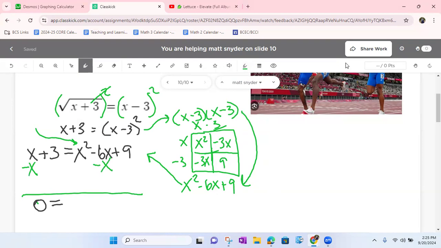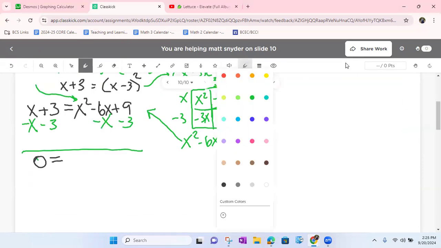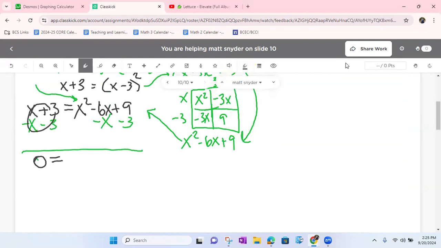I'm going to get rid of that positive 3 with a minus 3, and put it under that constant over there. And from there, we can just collect our terms. So over here, this makes the 0 that we were looking for. And I'm going to have x squared. Negative 6x minus 1x would be negative 7x. And then 9 minus 3 is going to bring us to positive 6.